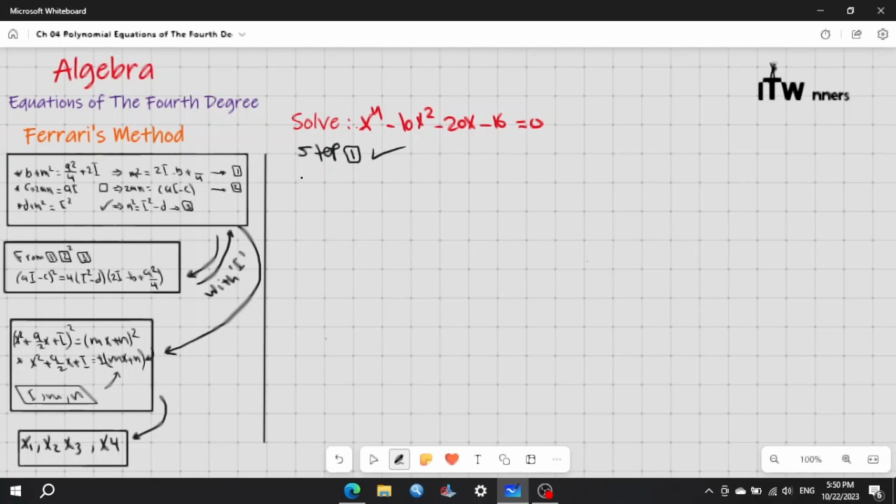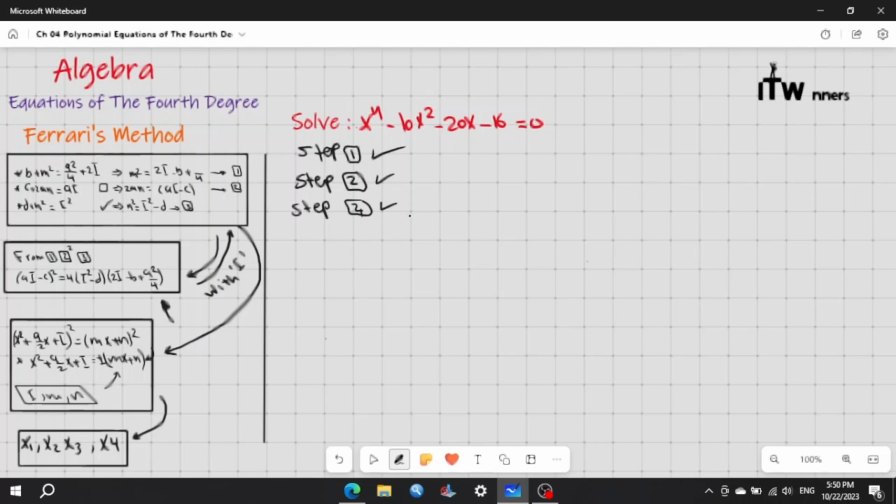Here step 2, we don't have to repeat step 2 and step 3. We will just go to this important equation of I. So step 2 and step 3 will be performed by this whole equation.